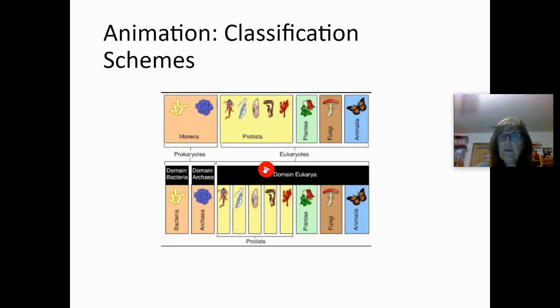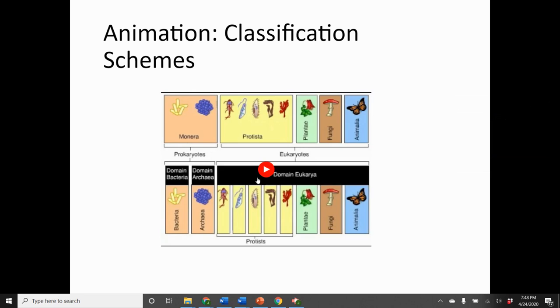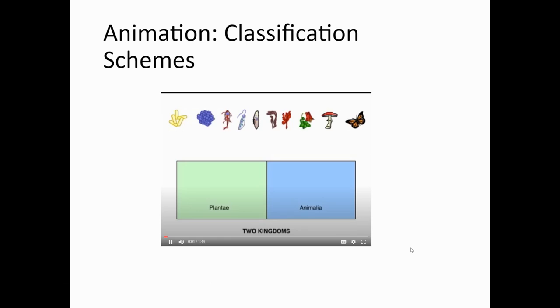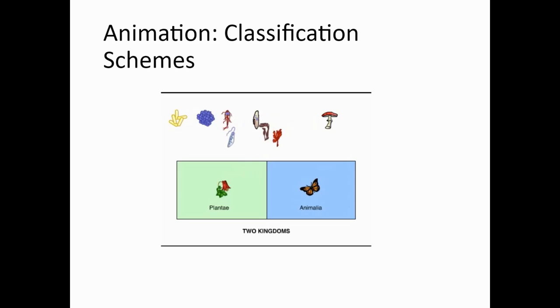So let's look at some classification schemes to help you out a little bit more. In the early days of biology, all organisms were classified as either plants or animals. Single-celled eukaryotic organisms such as algae and paramecium were assigned to one of the kingdoms according to whether they are photosynthetic or not.